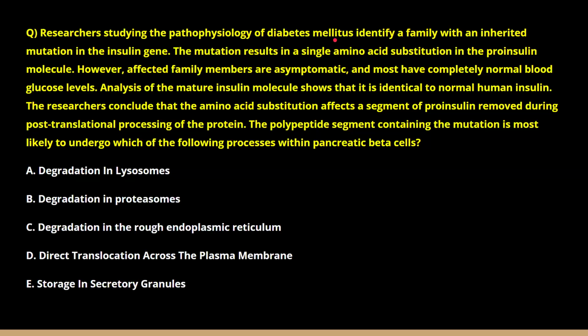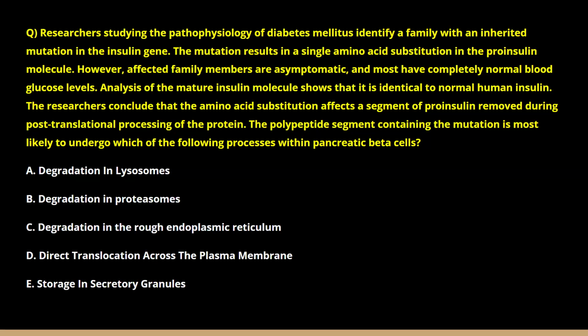Okay. Here we have a question. Researchers studying the pathophysiology of diabetes mellitus identify a patient with an inherited mutation in the insulin gene. The mutation results in a single amino acid substitution in the proinsulin molecule. However, affected family members are asymptomatic and mostly have completely normal blood glucose levels.